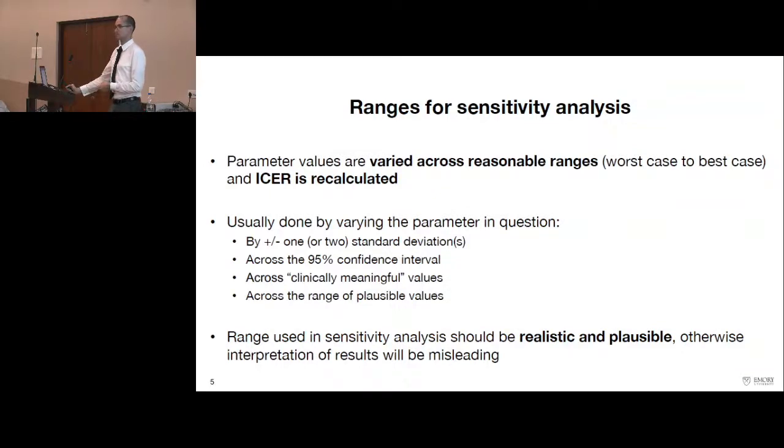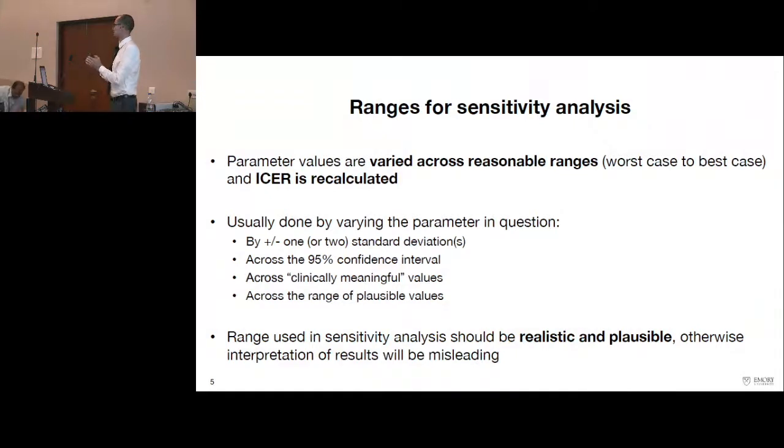So over what ranges should you vary the parameters? It depends. Usually, if you find an estimate of your parameter of interest in the literature, there may be some measure of variation associated with it.